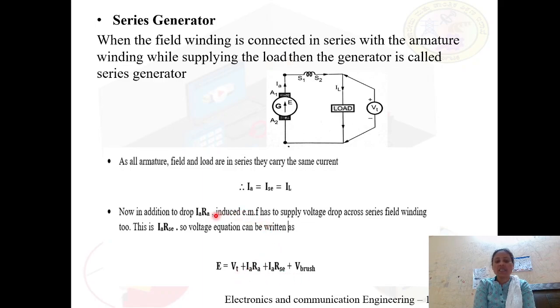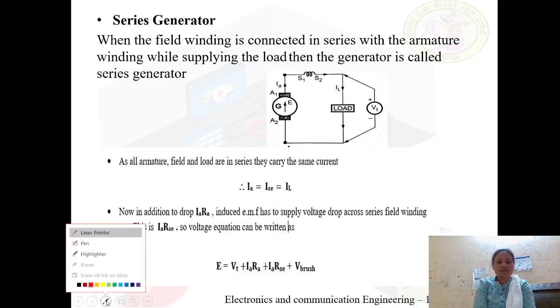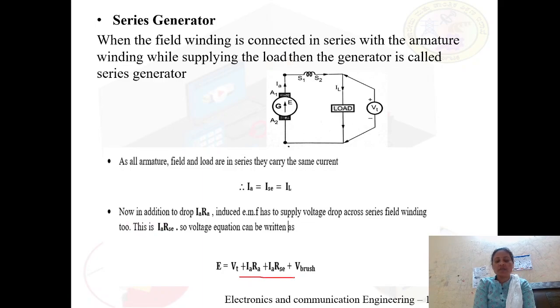Since Ise is equal to Ia, we have considered here Ise as Ia itself. Both the currents are considered as Ia.